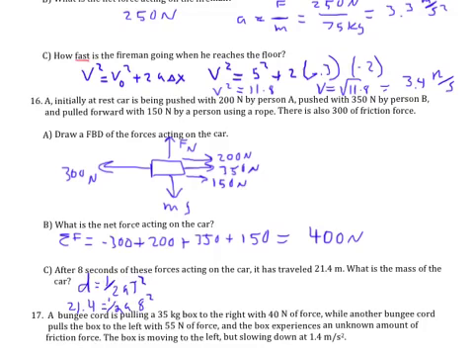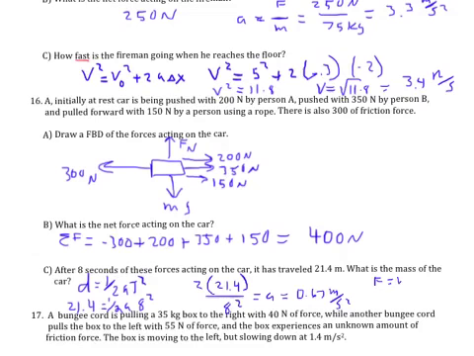So therefore, what we'll have is 2 times 21.4 divided by 8 squared is going to equal a. So a equals 0.67 meters per second squared. Now if I want to know the mass, I'm going to use Newton's second law.